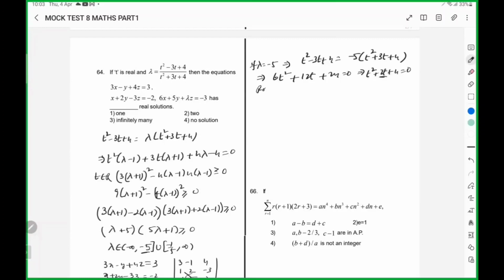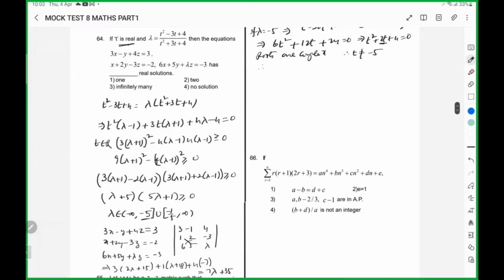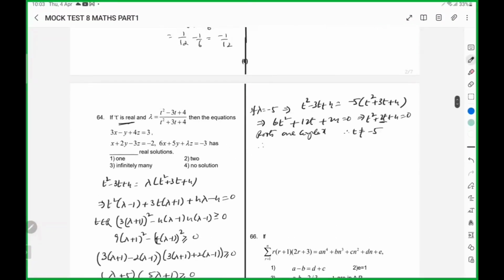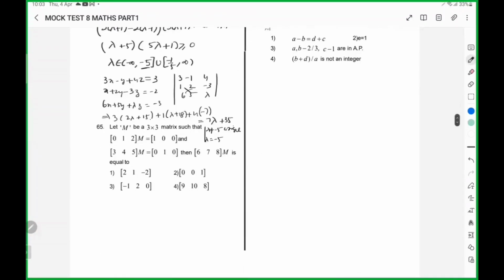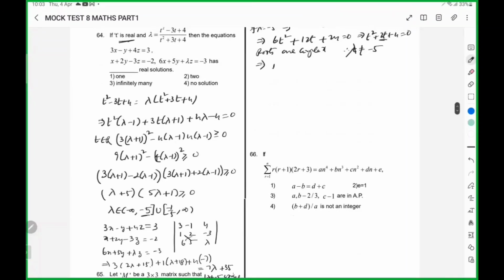So here the roots are complex, but it is given that t is real. Therefore, t cannot be minus, which implies lambda cannot be minus. Here the determinant value is 7 lambda plus 35, which can't be 0, which implies the system has a unique solution.